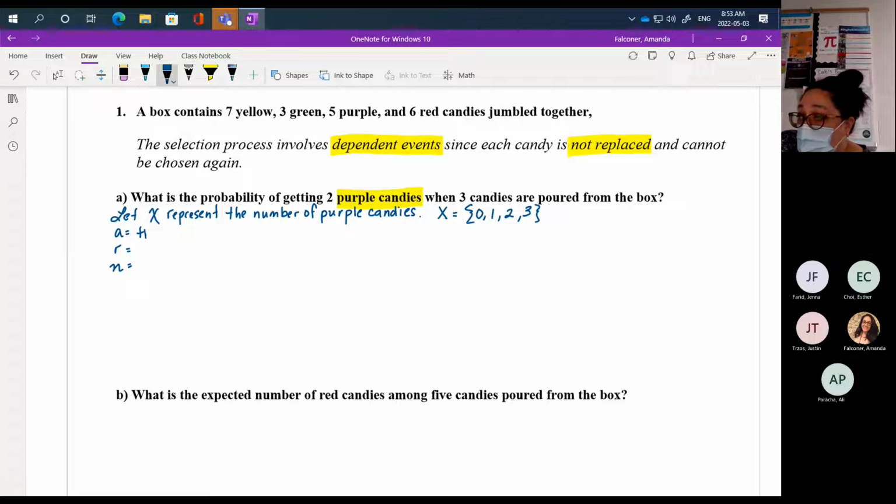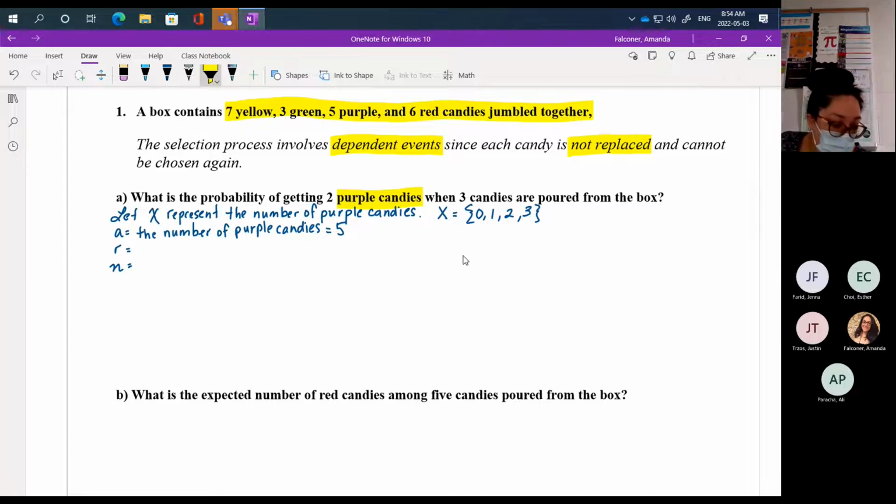So how many purple candies do we have? 5, right? Going all the way back up to the original scenario.